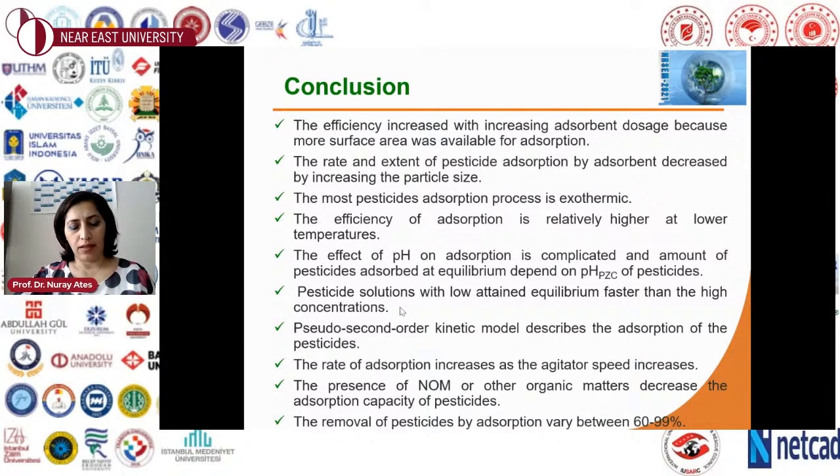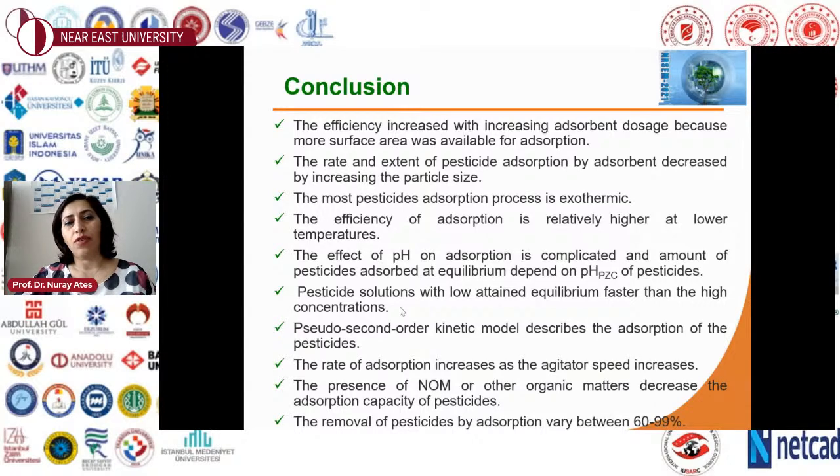On the other hand, temperature also affects the adsorption capacity and adsorption efficiency. Mostly adsorption is applied at temperatures between 20 to 50 degrees Celsius, and in this temperature range, when the temperature increases, the efficiency of adsorption decreases, because most pesticide adsorption processes are exothermic.